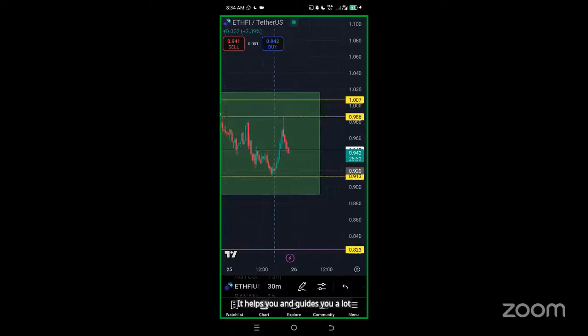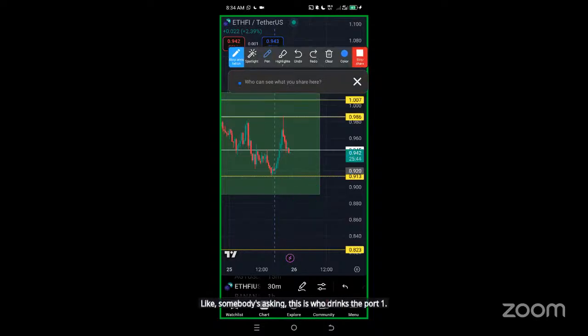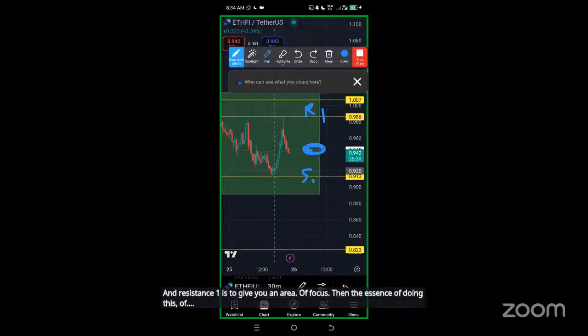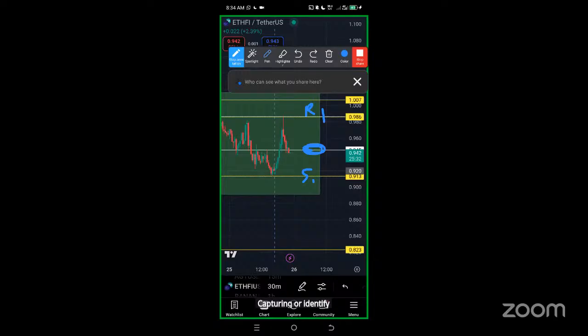Because the essence of drawing support 1 and resistance 1 is to give you an area of focus. Then the essence of identifying this mini resistance actually also helps you so much when it comes to establishing margin calls and also making decisions of entry.